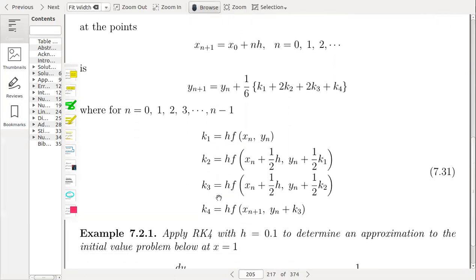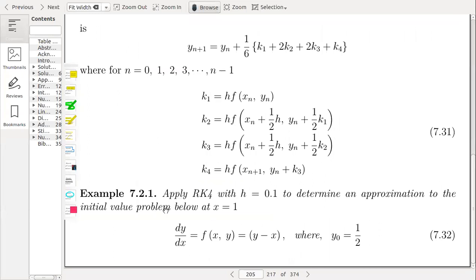If we apply this to solve problems, it is not so difficult.